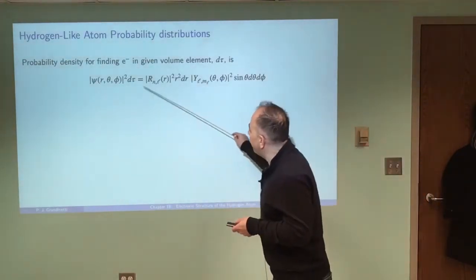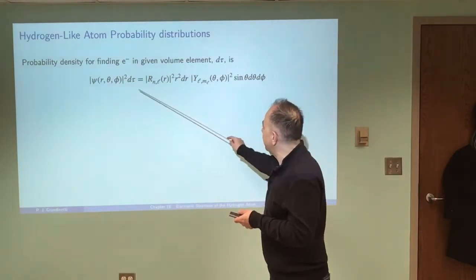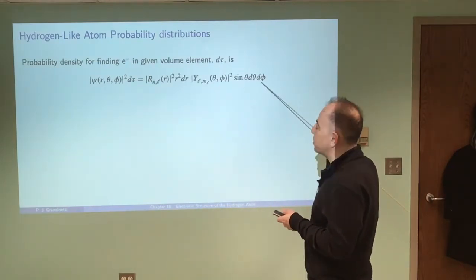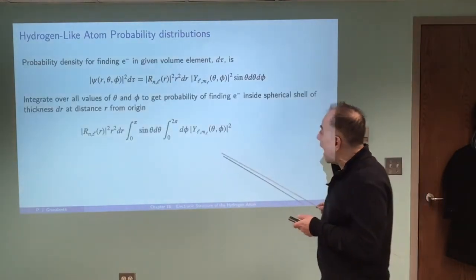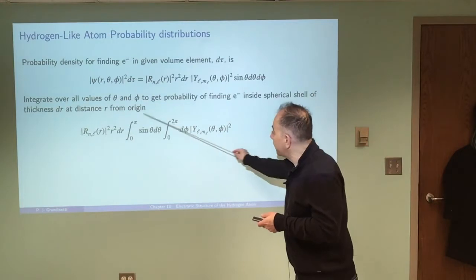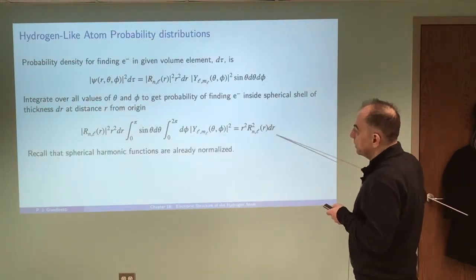The probability of finding the electron in some volume element is just going to be this term right here, taking the wave function with the differential volume element in spherical coordinates. What I'm going to do is integrate out all of the angular part and leave myself with just the radial distribution function.